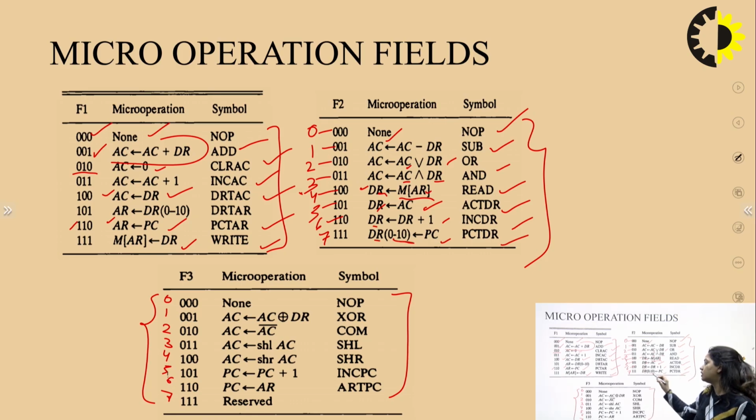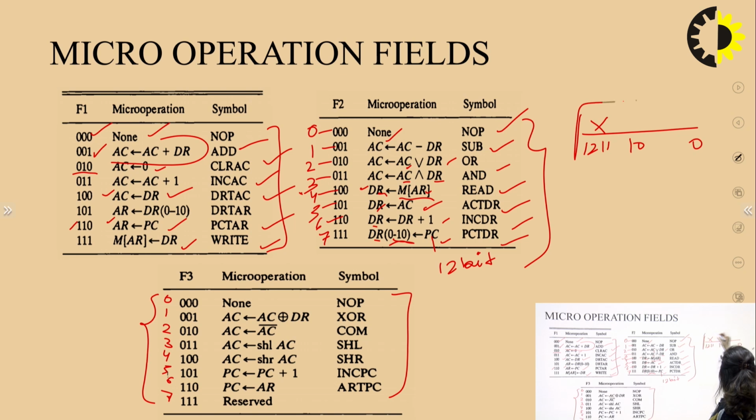But only some particular bits, from 0 to 10, will be transferred from the program counter to the data register, because the program counter may be of 12 bits. So starting from 0 to 10, these 11 bits are transferred, and the rest, the 11th and 12th bits, will be discarded in the case of the program counter.